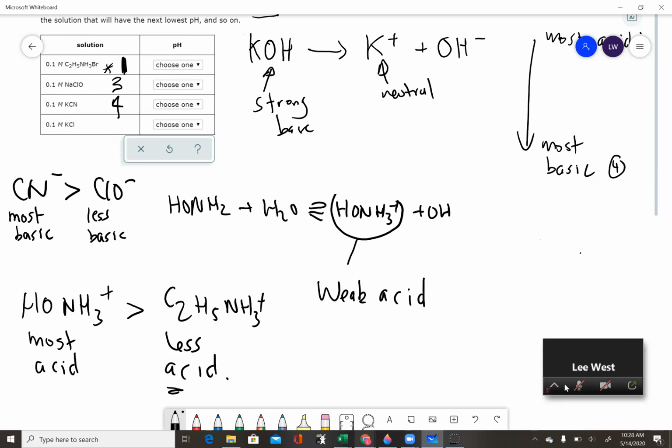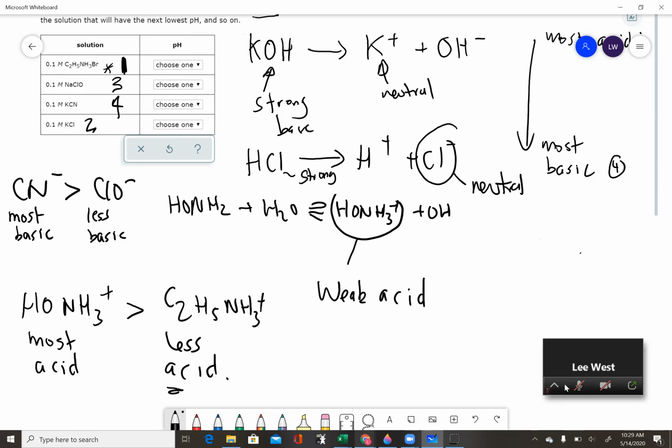And then the anions come from acids. The chloride anion comes from the strong acid HCl, and so again, that means that it's neutral, because strong acids produce neutral anions. So even if you didn't know that, you could still assign that as number 2.